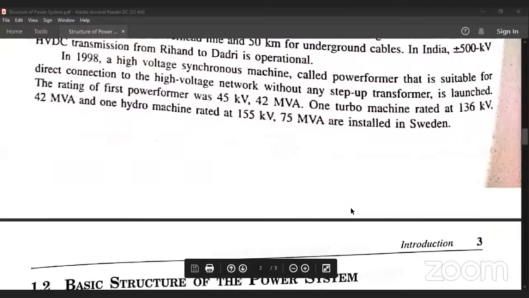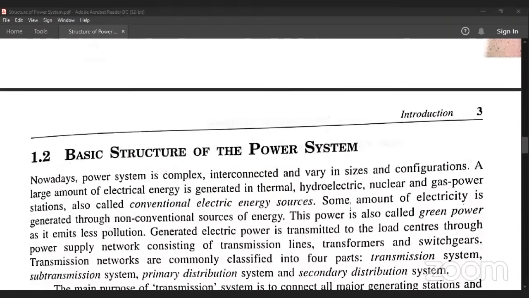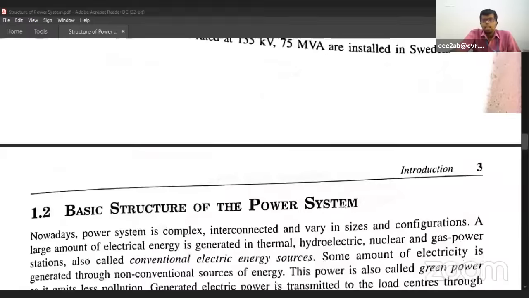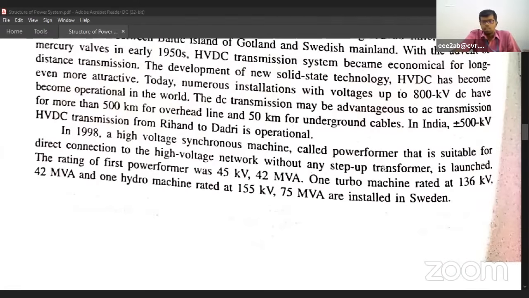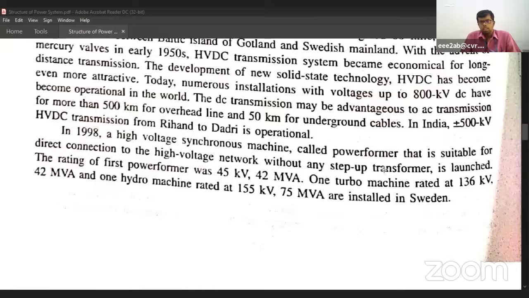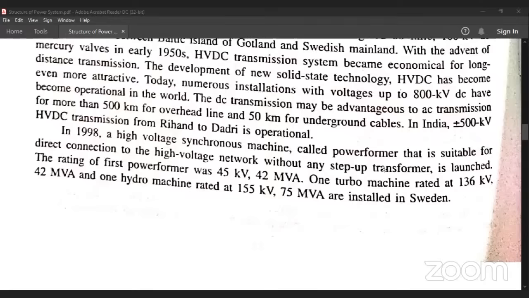But this concept is outdated now. Generally we generate at 11 kilovolt up to 25 kilovolt, transmit over very large distances, and step down from 400 to 220, 110 to 66 to 33 kilovolt, then 33 to 11 kilovolt, and take it into operation.